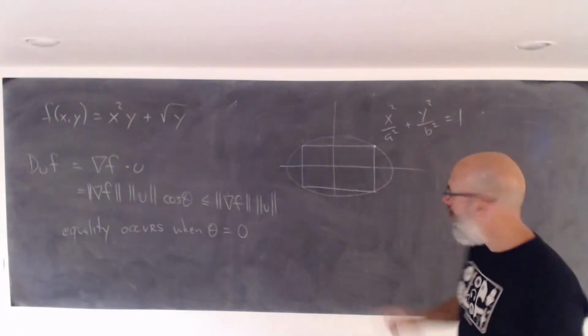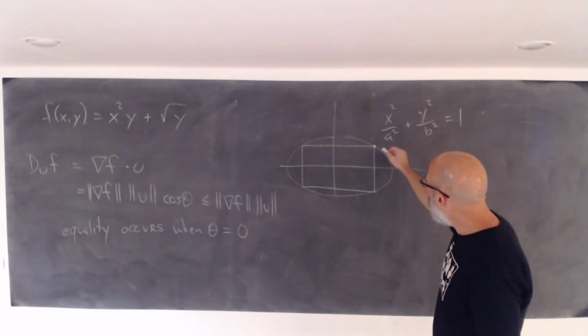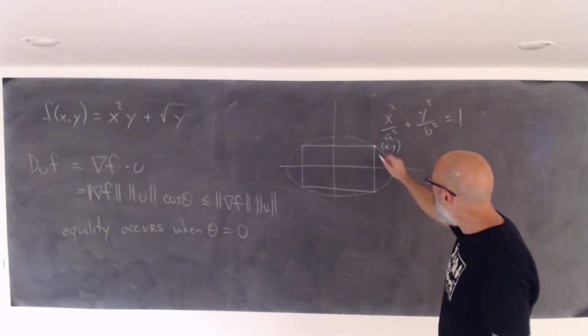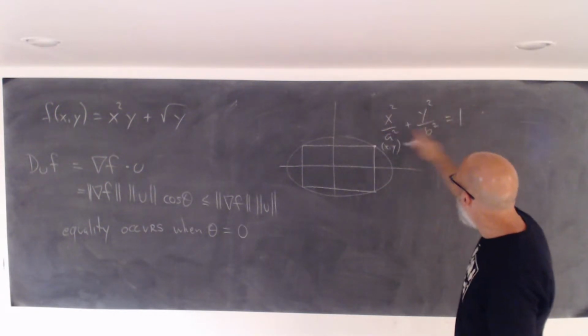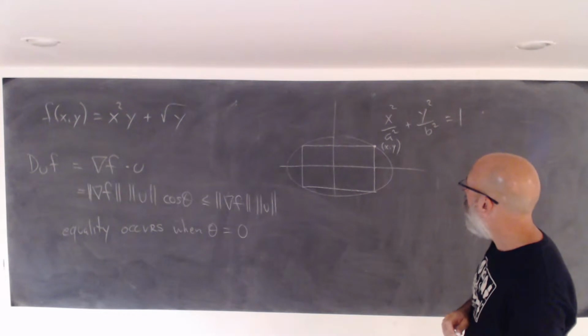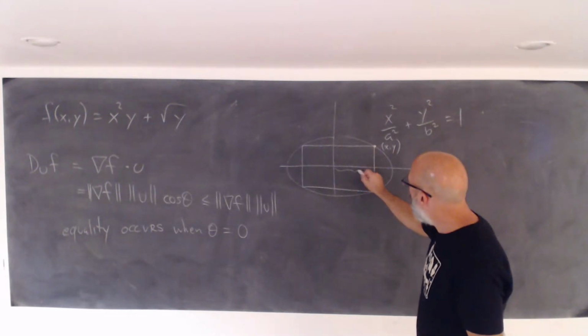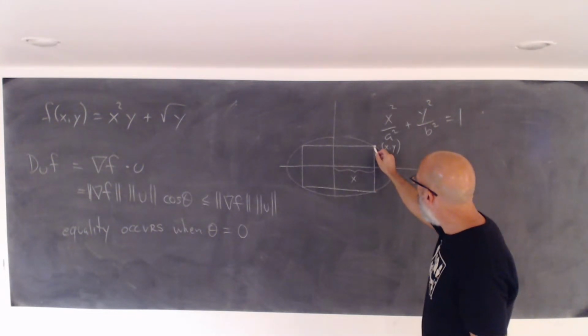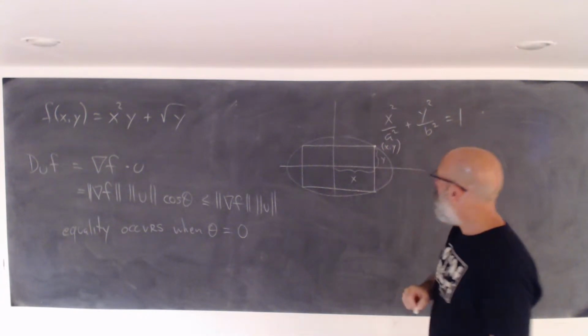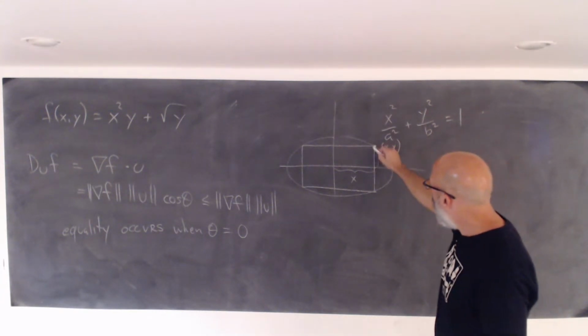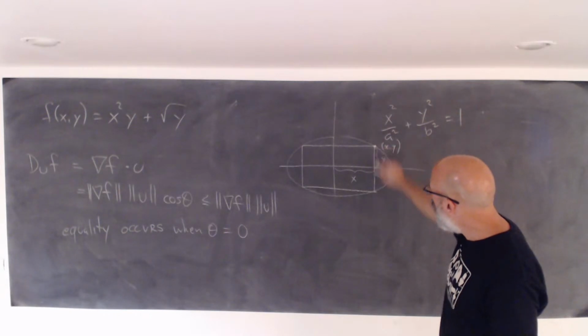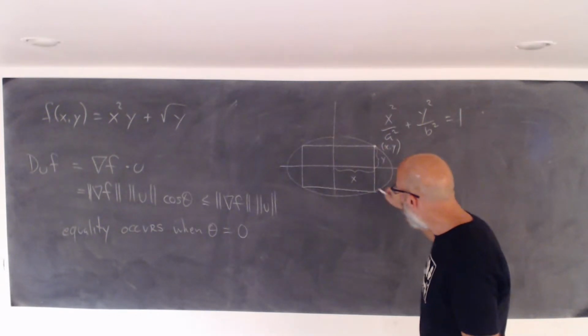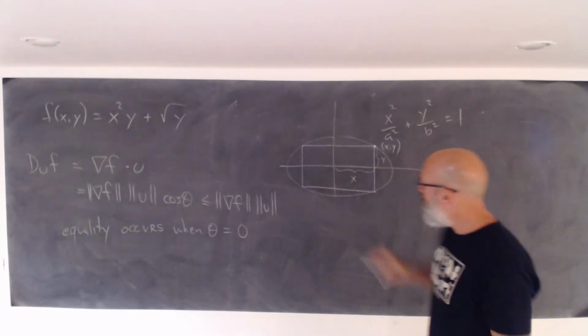So the vertex is going to be on the ellipse, right? This point x, y, this vertex, satisfies this equation. So this is x, and this is y. So here, this length is 2y, and this width is 2x.